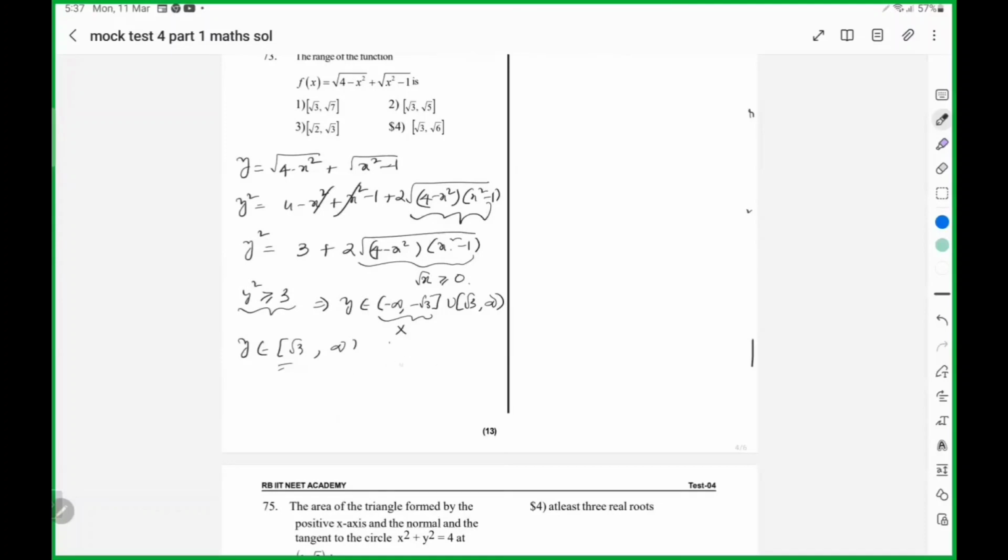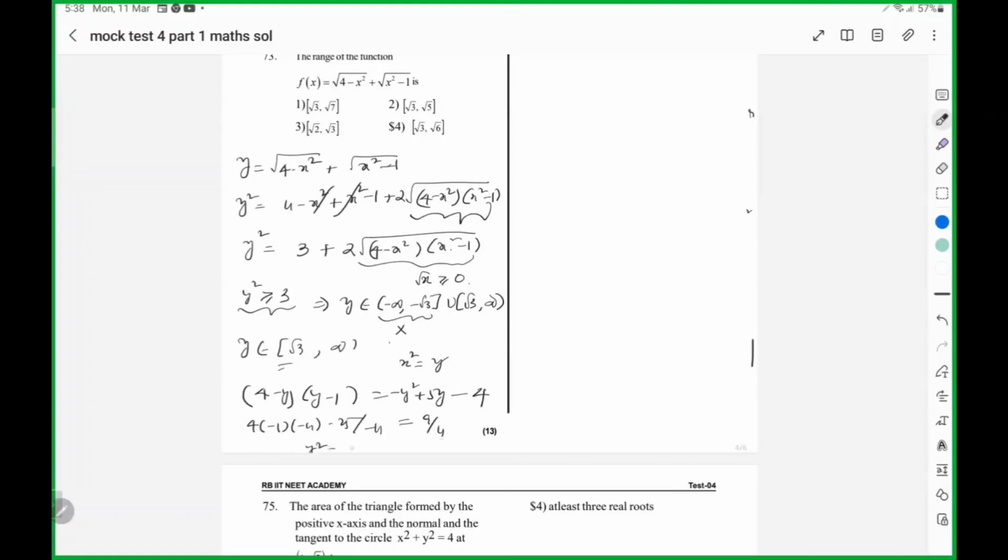So take x square as y. This expression 4 minus y into y minus 1, 5y minus 4. Here it is 4ac minus b square by minus, so you'll have 9 by 4.